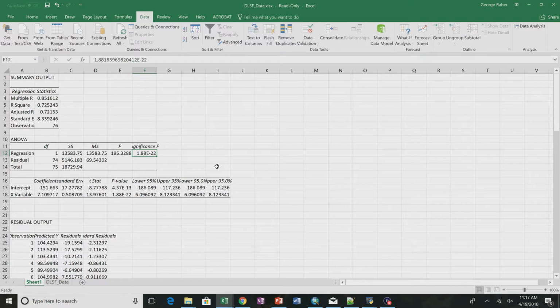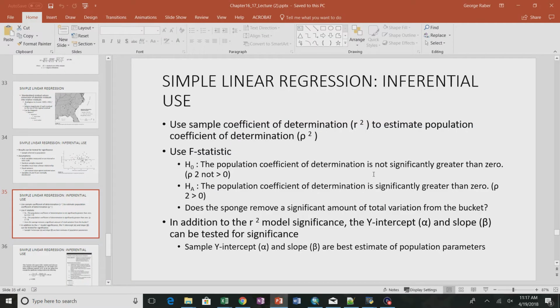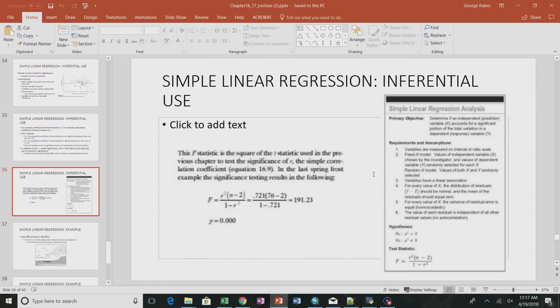This is an F statistic, so it's on the F distribution. The way that you get that F value, there's a few different ways you can get it, because remember that sponge is the ratio of the water that the sponge got to all the water, the R squared value.